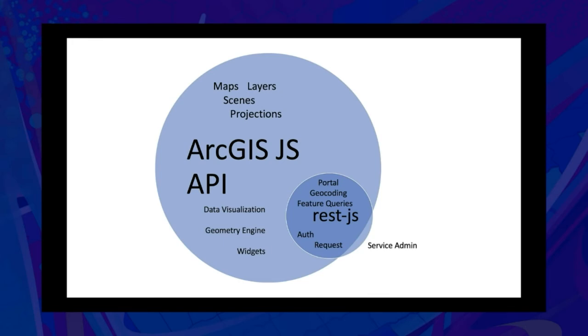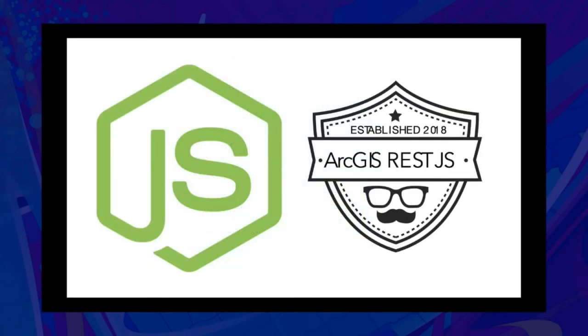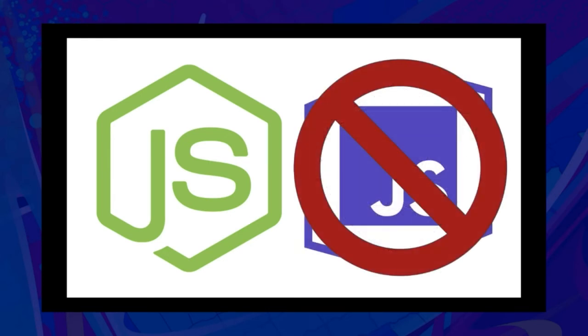And if you think about the ones that make sense in either a command line tool or on the server, it's really the ones that fit over here in this little section of overlap, right? We're not going to be rendering maps or anything that requires the DOM, like widgets. And so it's for this reason that we designed REST.js from the ground up to work just as well in Node as it does in the browser.